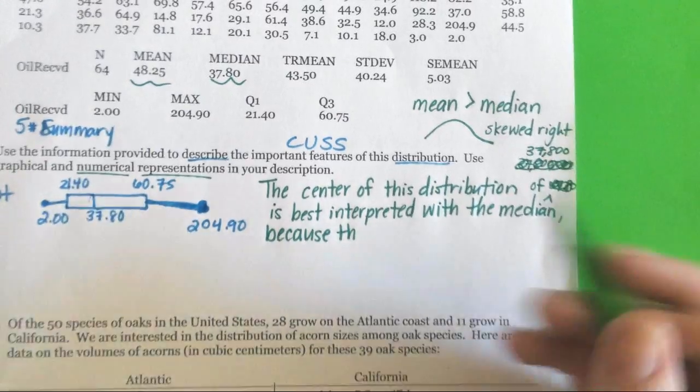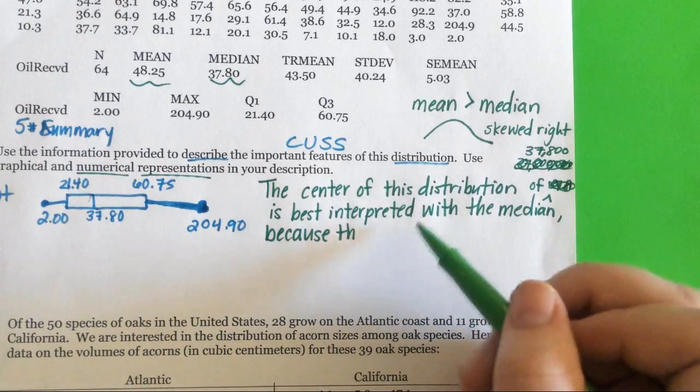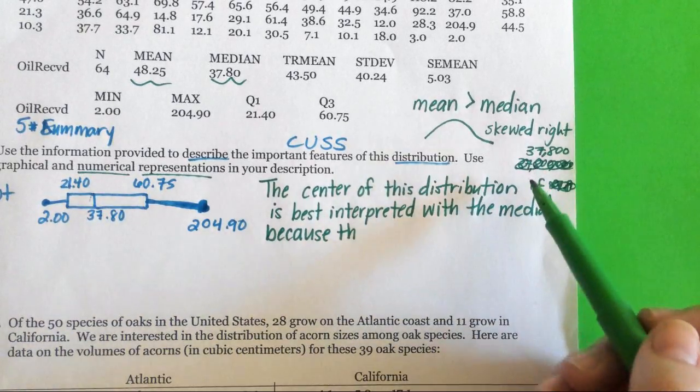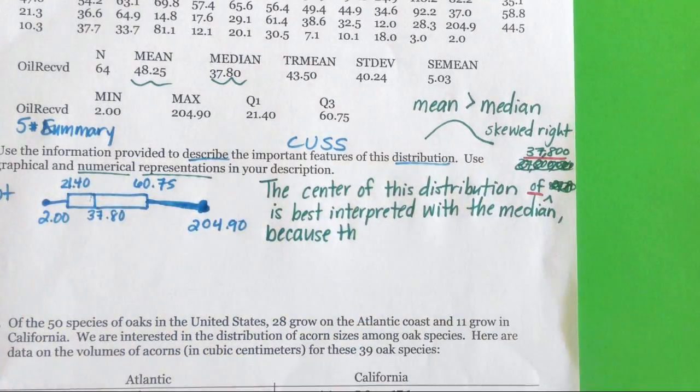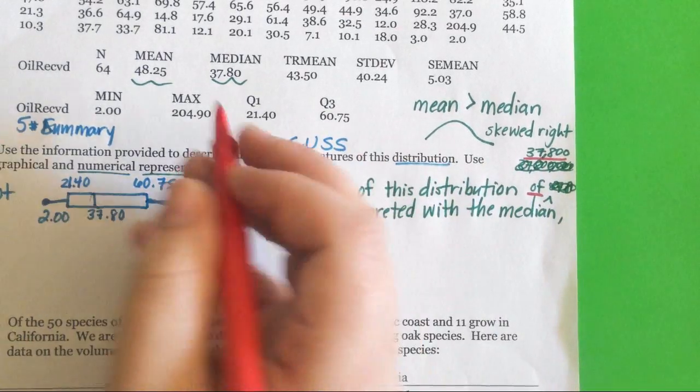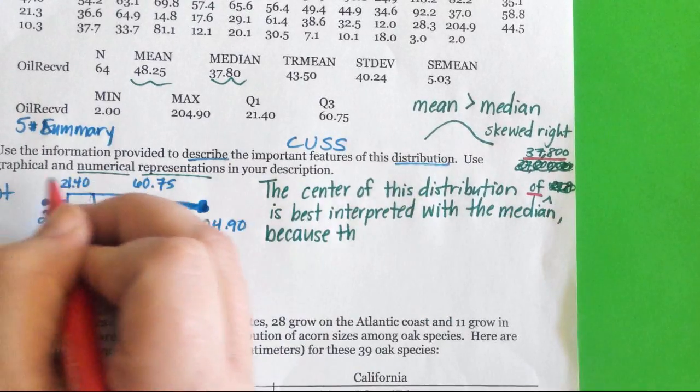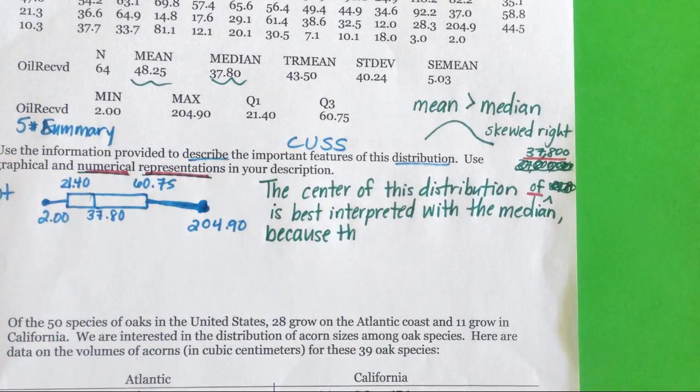It happens. Okay, the center of this distribution is best interpreted with the median, and then I needed to add in the numbers, because I wasn't thinking. The only reason I know to add in the numbers is because it specifically says to reference the numerical representation. It told me to.